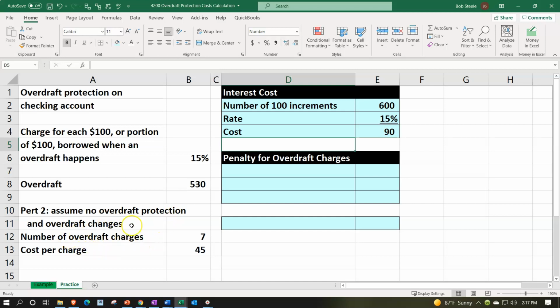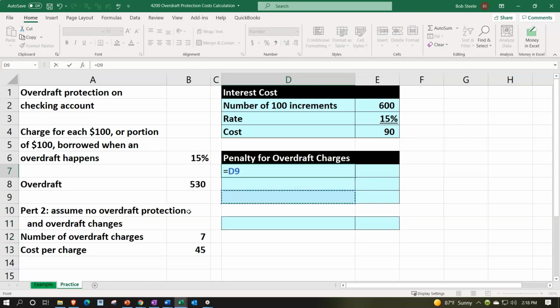assume no overdraft protection and overdraft charges, number of overdrafts. Let's say we had 7 overdraft charges and they were 45, they're costing us $45 each, so they're charging us per amount. Then it would depend on the number of charges that we have.